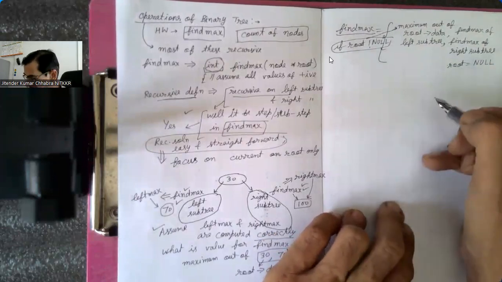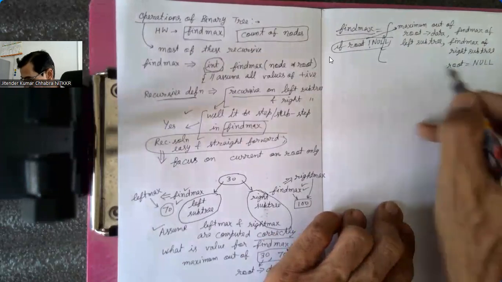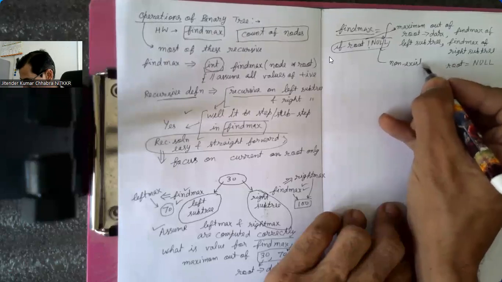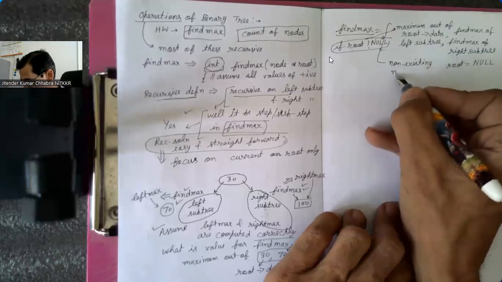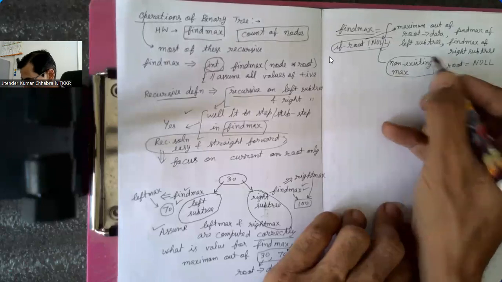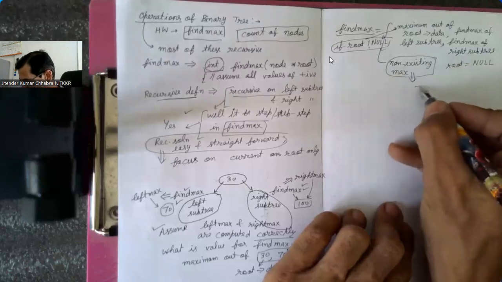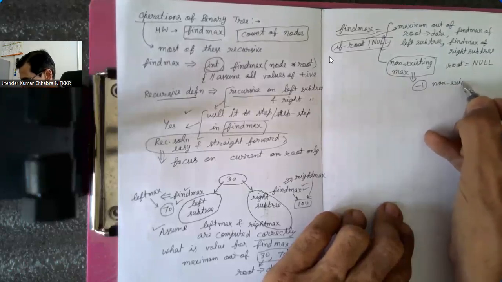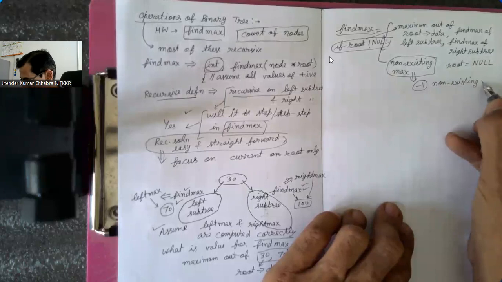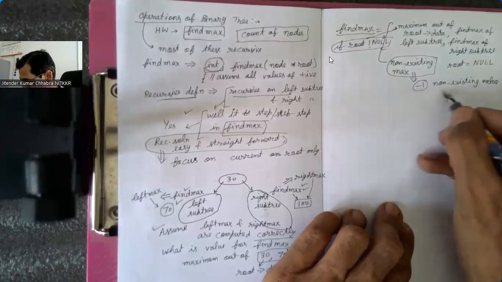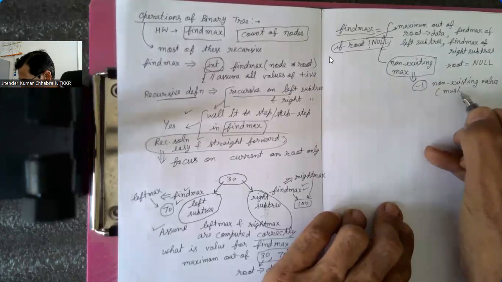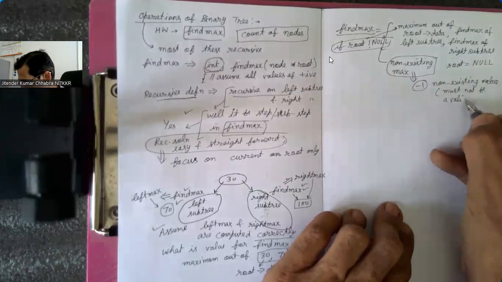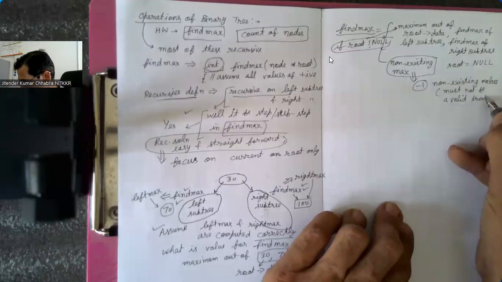Root null means neither it has a left subtree nor a right subtree nor a root existing. Effectively, max doesn't exist. Because there is no value in the tree. Non-existing max effectively means we will assume, let's say -1, because it is a non-existing value. So -1 must not be a valid value in the tree, obviously. That value will be assumed to be returned.